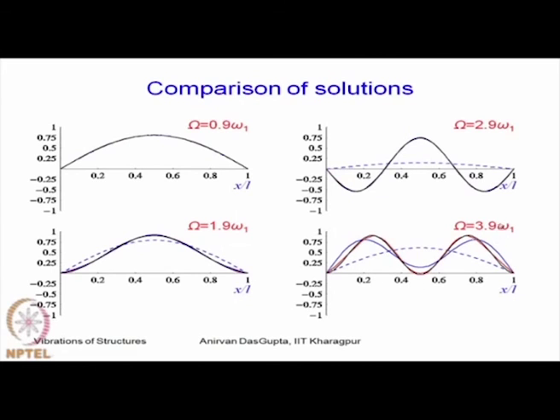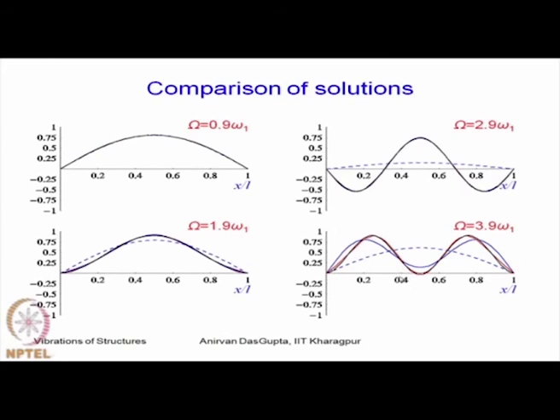This is when you are forcing close to the fourth natural frequency. Again, the one term solution is off. The 2 term solution is this blue solid line. The red line is the 3 term expansion series solution, and the exact solution is given by this black solid line.